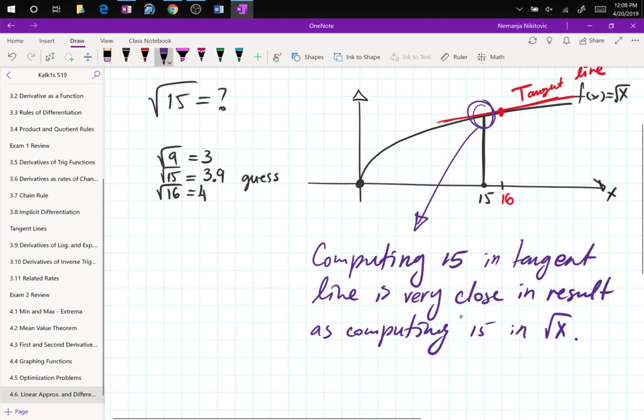Because look at the y values. The red and black are pretty much the same height. So this is the trick.